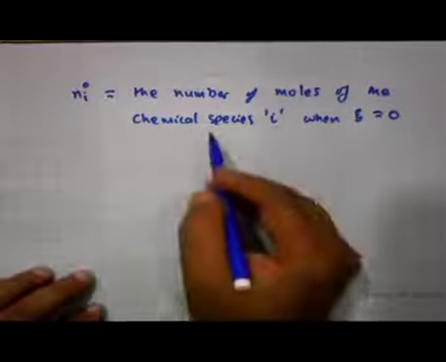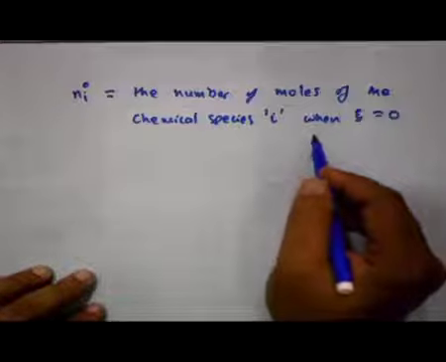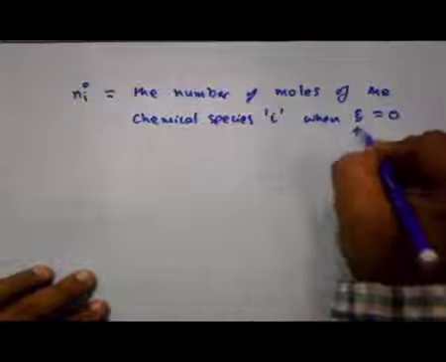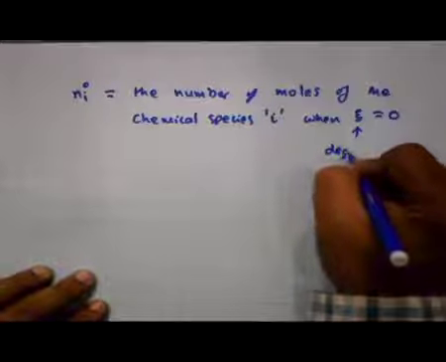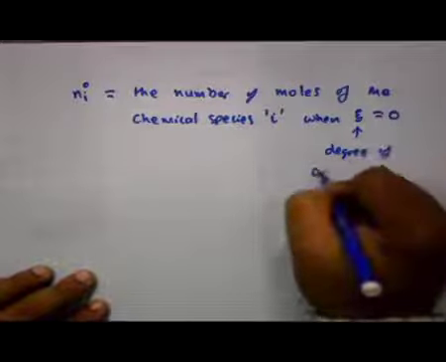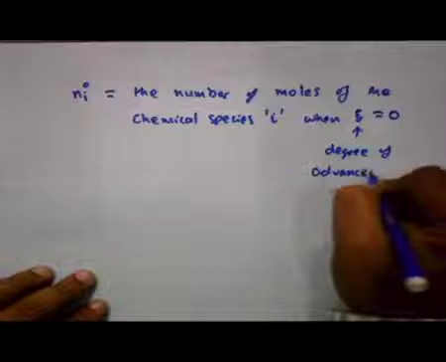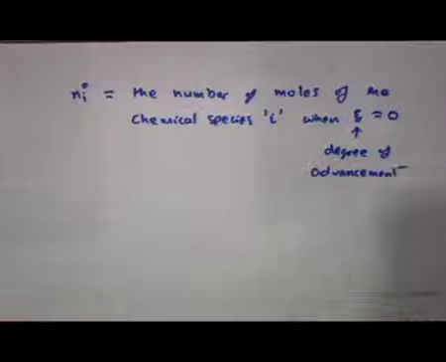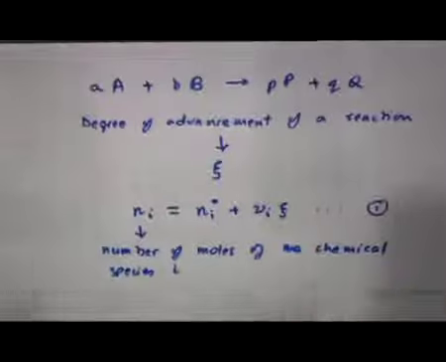So, it is the number of moles of chemical species I when the degree of advancement of the reaction is 0.